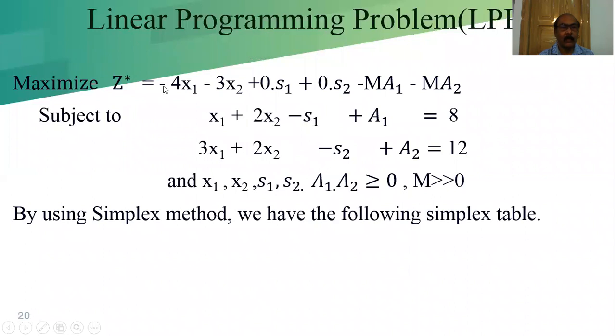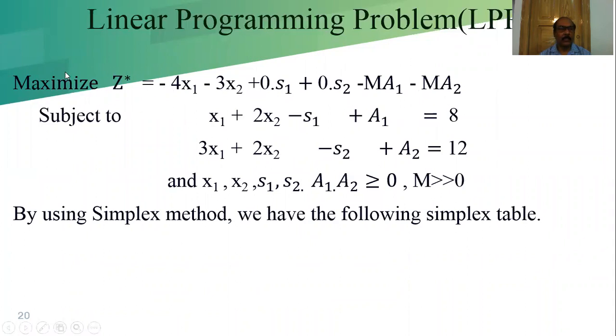Maximize Z star is equal to minus 4x1 minus 3x2 plus 0s1 plus 0s2 minus ma1 minus ma2. That is our objective function.